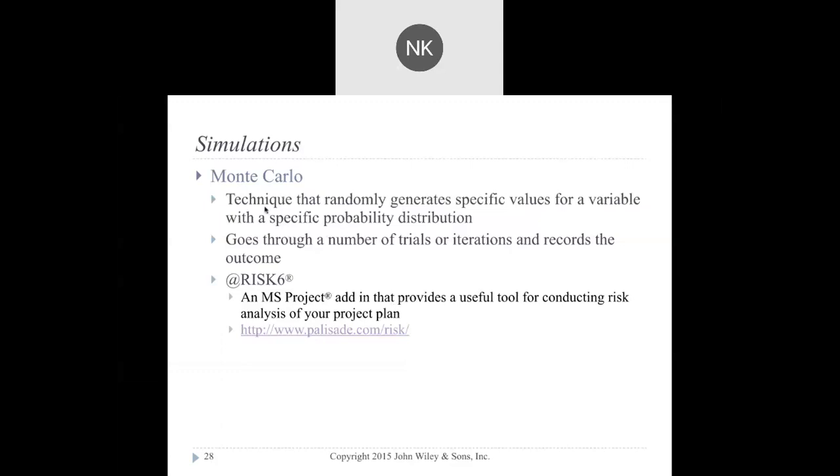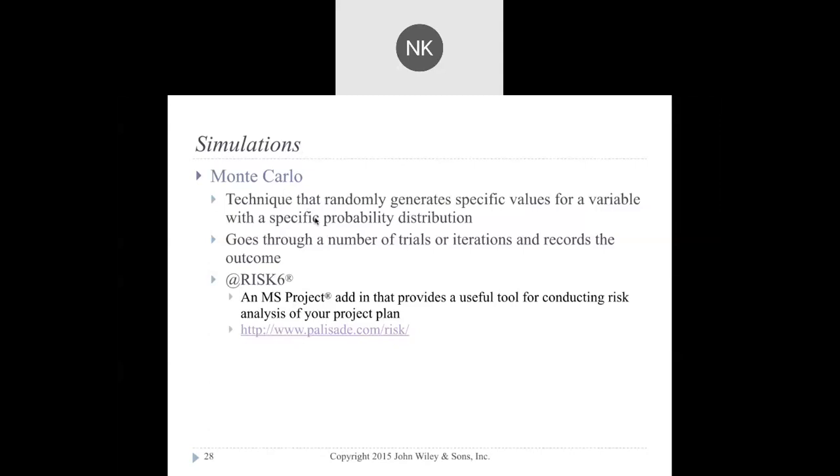Monte Carlo is a simulation technique that you repeatedly randomly generate specific values, until you get the values, going through a number of trials. It iterates until you get the number. So you can go through the link to understand more about how to do Monte Carlo.